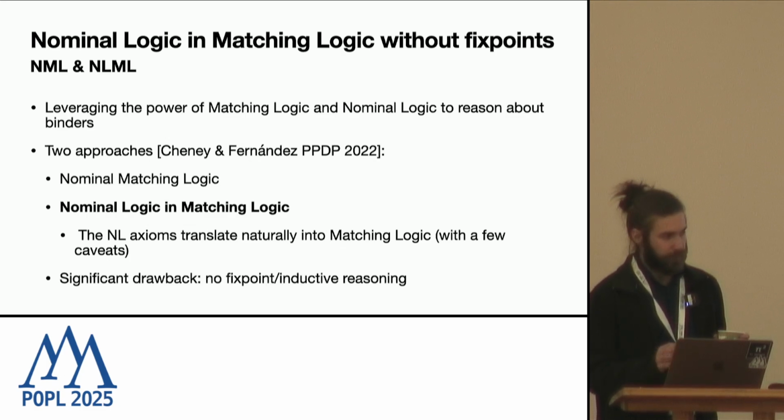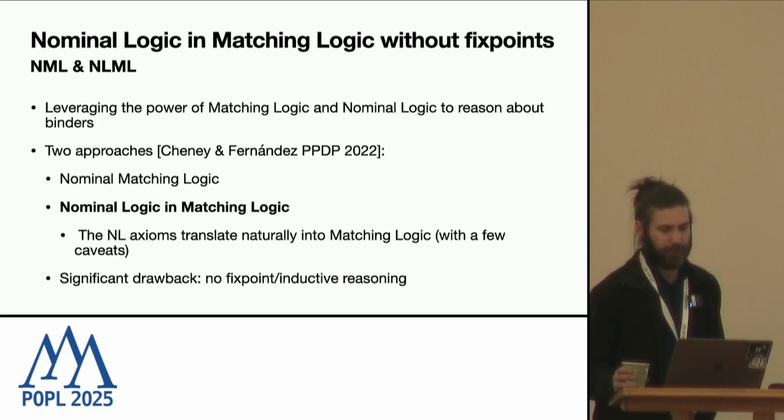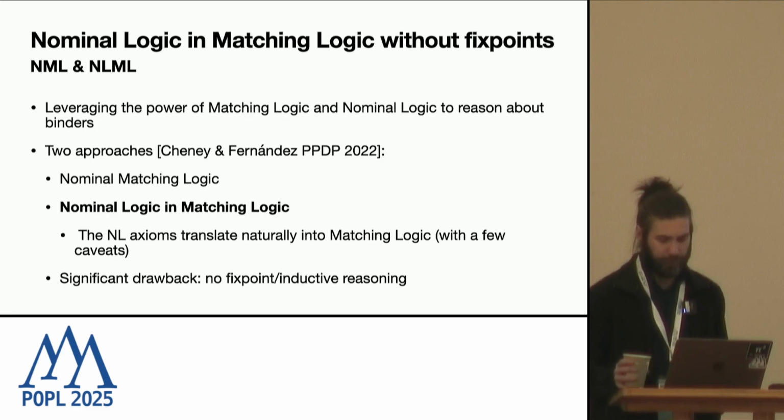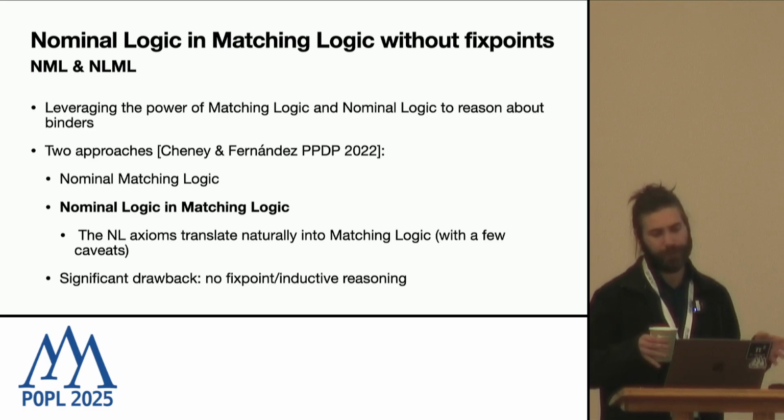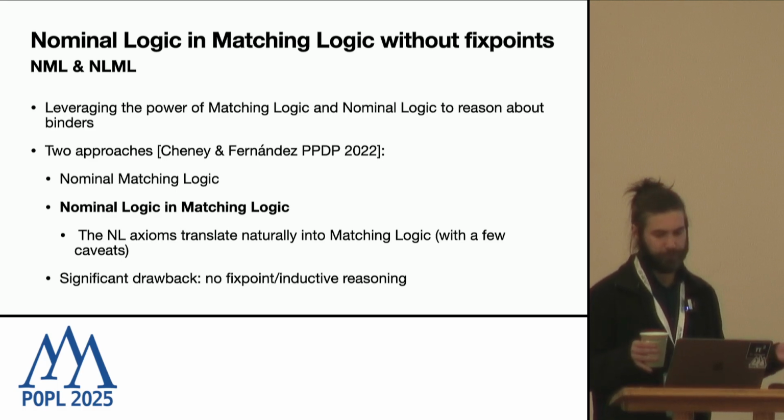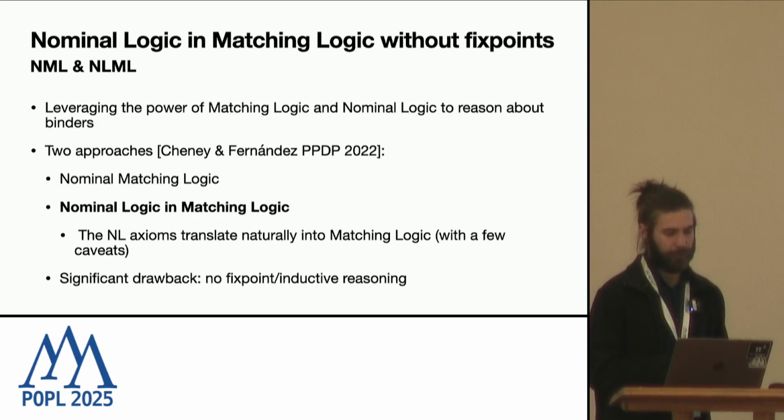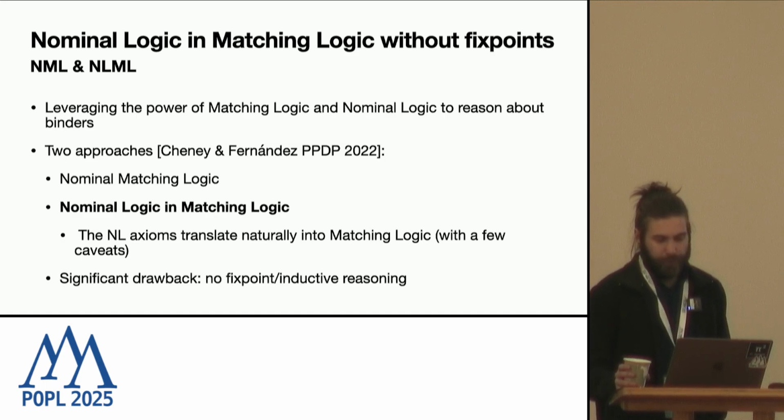I want to talk a bit about our previous work, which is about combining nominal logic and matching logic before we worried about fixed points. So the main point of that work was to leverage the power of matching logic as a very general logic that's used to reason about programs, and nominal logic, which has all of these useful constructs for reasoning about binders.